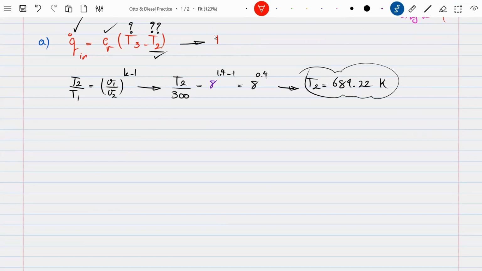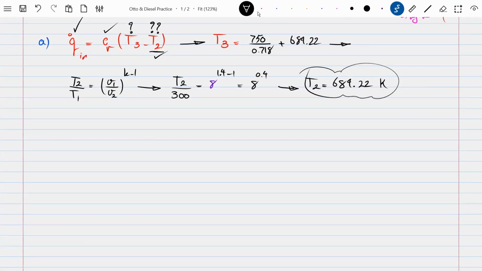I can say T3 is 750 kilojoules per kilogram, Q in, divided by Cv, which is 0.718, plus 689.22.